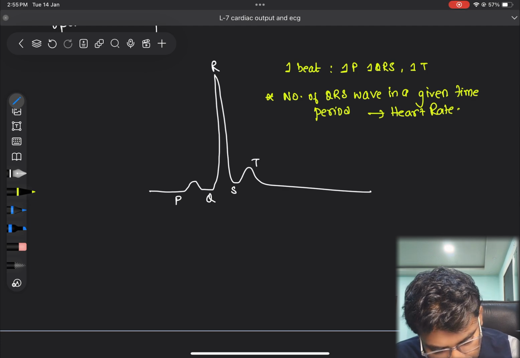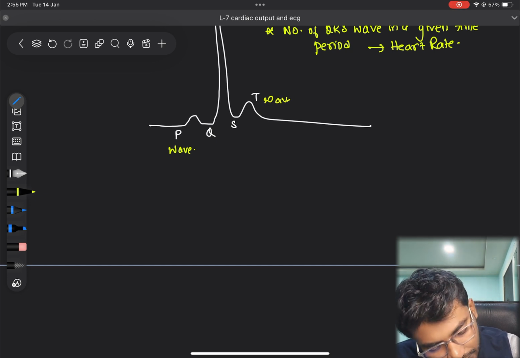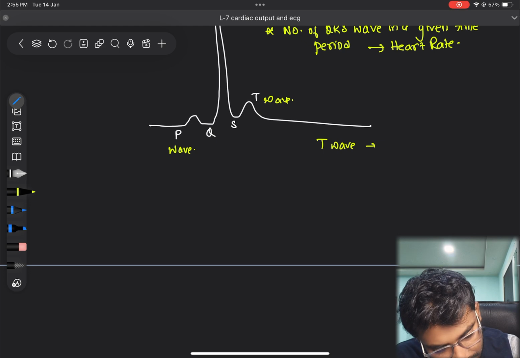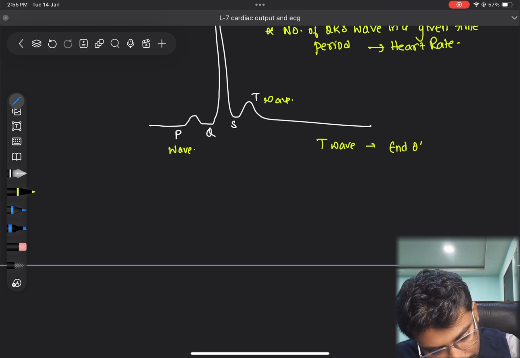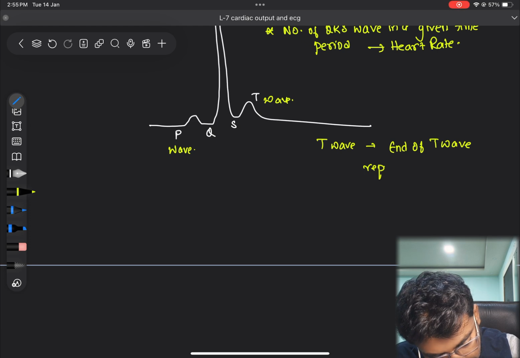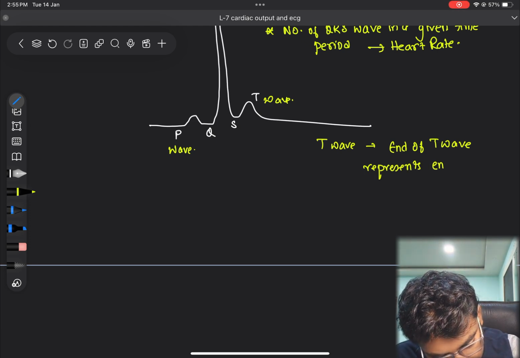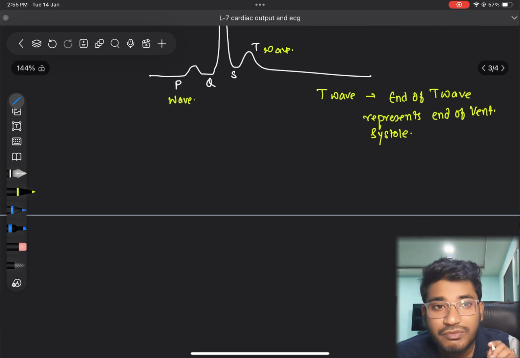This is the P wave, the QRS and the T wave. The end of the T wave represents the end of ventricular systole.